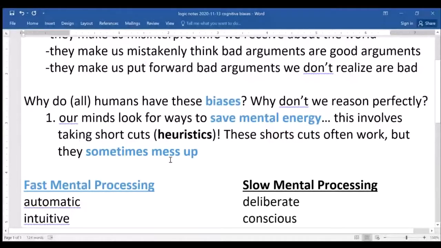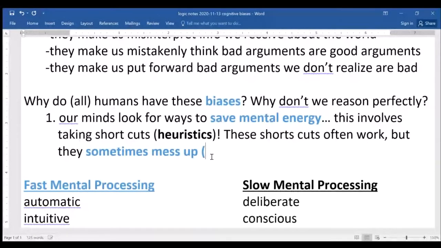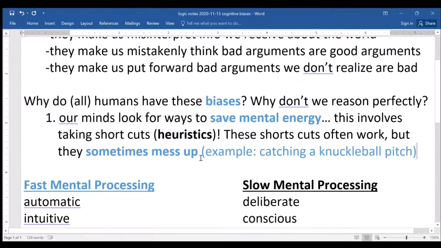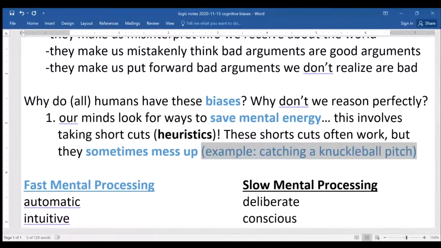So back to our notes. Our example of sometimes messing up right here. Catching a knuckleball pitch would be an example of this.